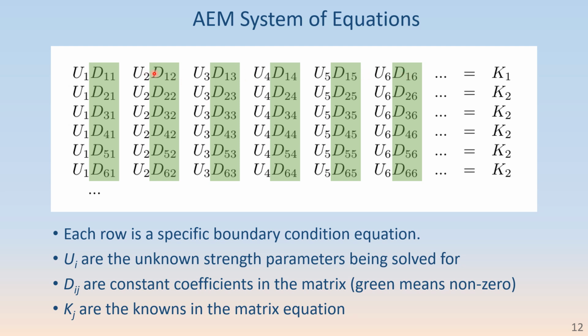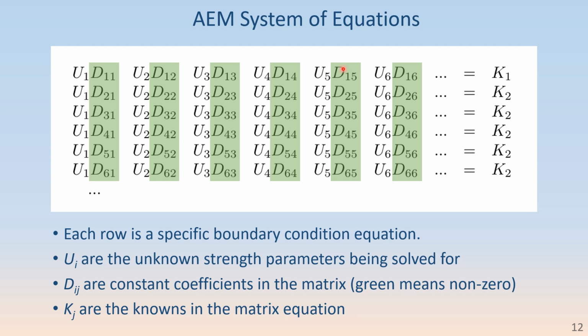contributing to it. So each element in the model contributes to the head at, say, this first control point where this first equation applies. So these D coefficients are all non-zero. If it had no contribution at all, then you'd have a 0 D coefficient.